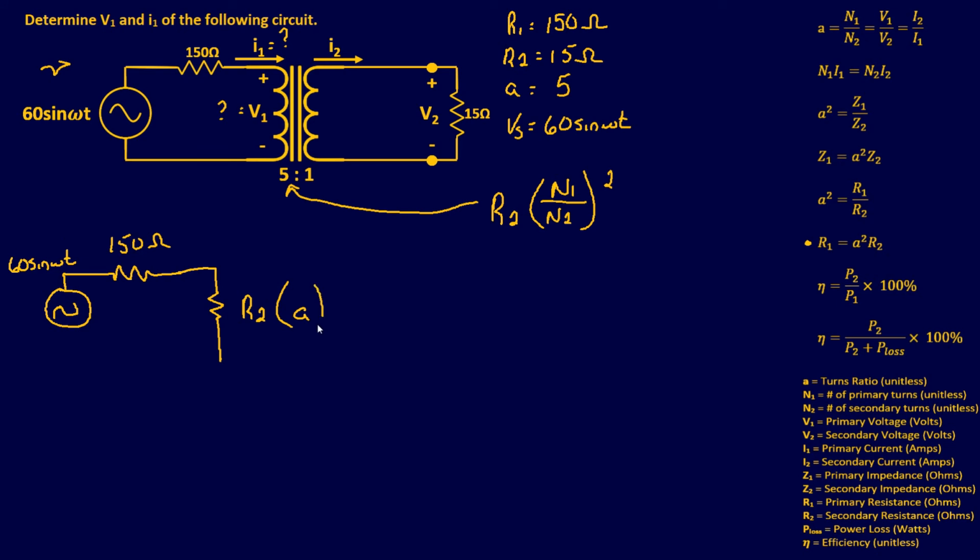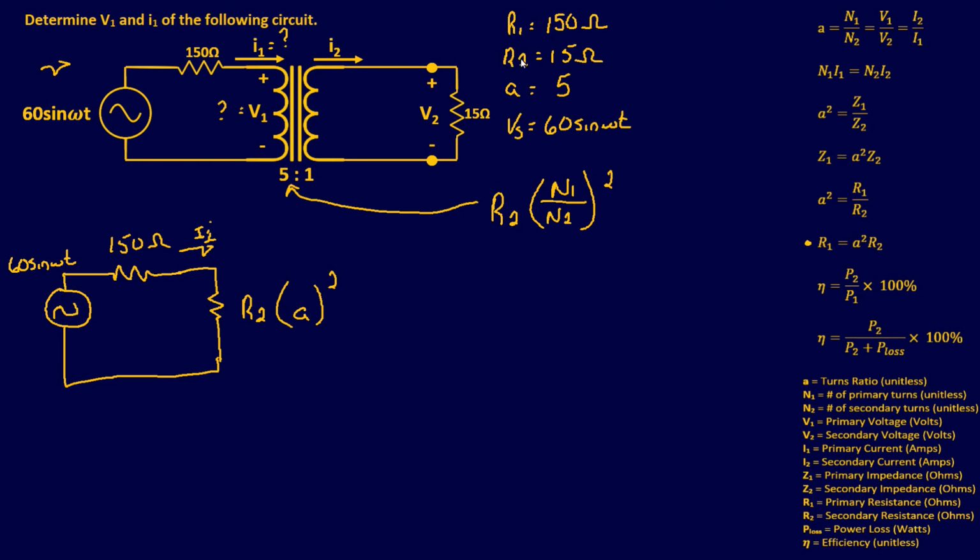That's A, and that's going to be squared. And that's what you're going to see from the primary side. So that's how you're going to determine your current. And once you have your current, you can determine your voltage. Say we'll make that a 1, since I typoed that one.